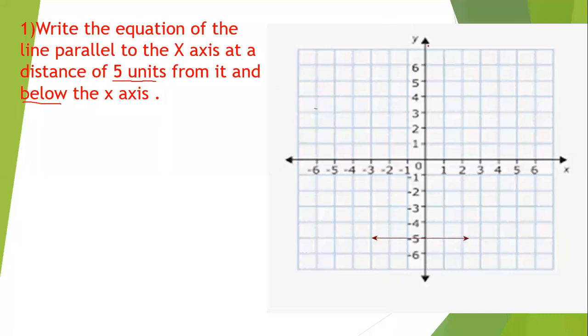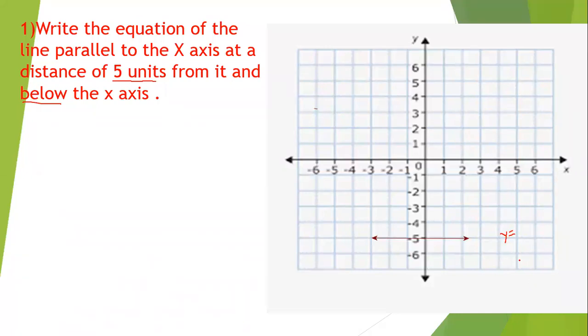Now we have to write the equation of this line. First we will see which axis this line is passing through. It is passing through the y-axis, right? So I'm writing y over here, then equal to. I'm repeating again: which axis is this line intersecting? The y-axis.